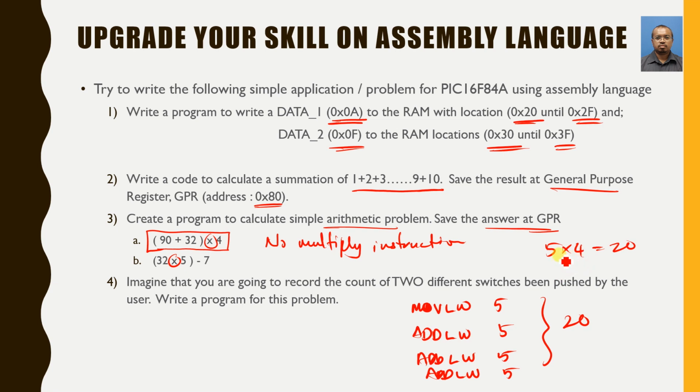Let's say if you have 5 by 100, meaning you will have 100 lines. Instead of doing that, you can use loop repetition, so that you will loop again and again and again. So how to do that?